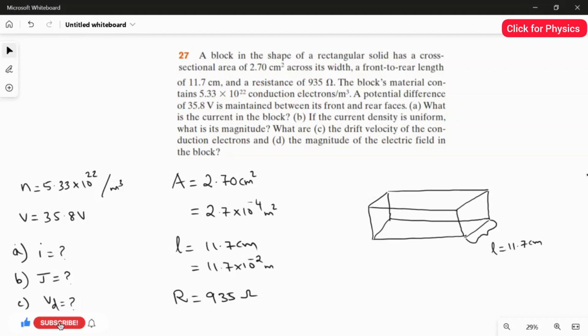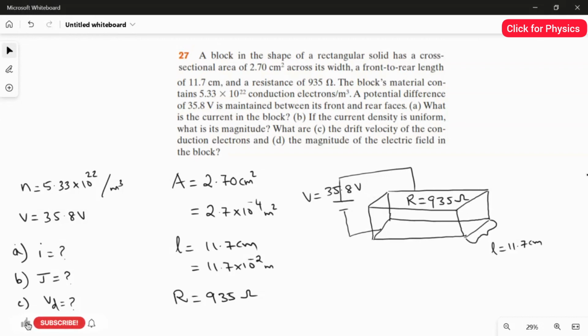11.7 centimeter. And from the front side to the back side, you are just setting the potential. How much potential are we setting? From the front side to the back side of this rectangular block, we are just giving the potential of 35.8 volt, and the resistance of this block is 935 ohm.